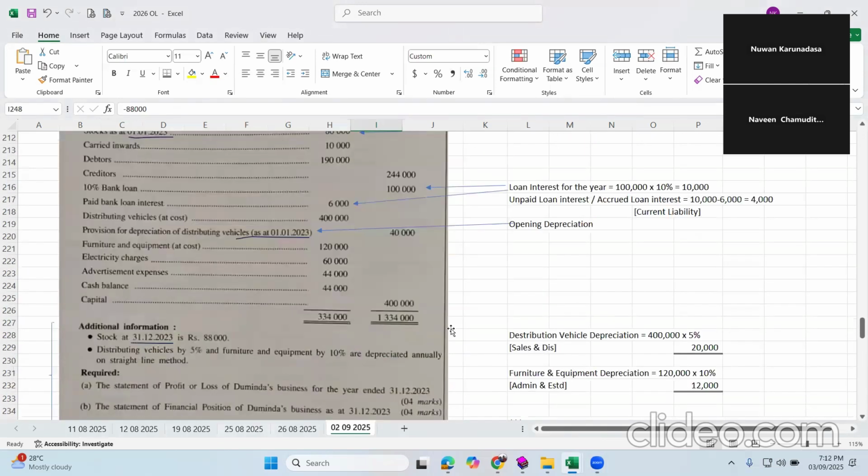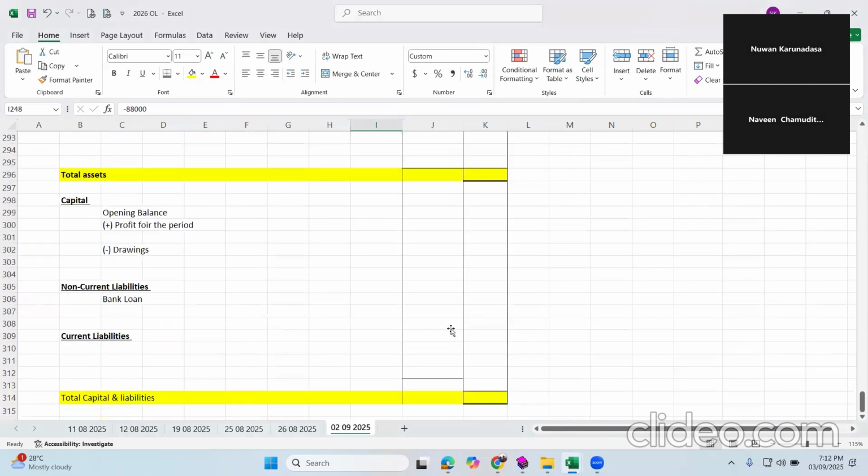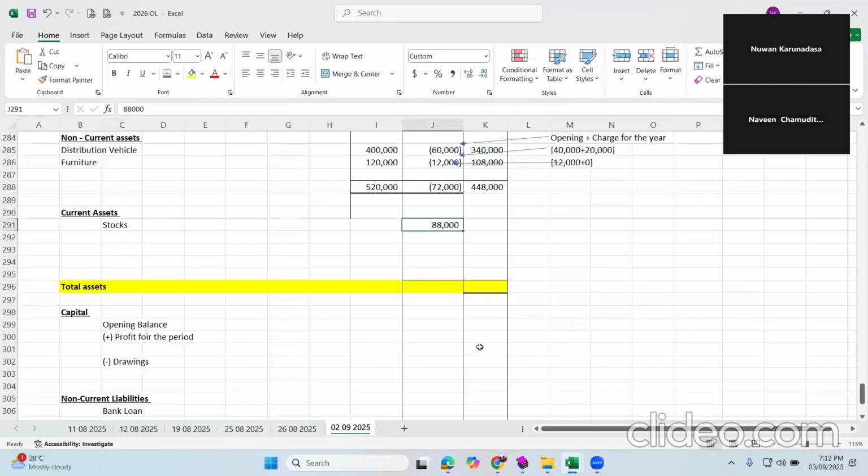And you must take that closing stock to the current assets. It's an asset. Right here under the assets we will write current asset, stock 88,000.